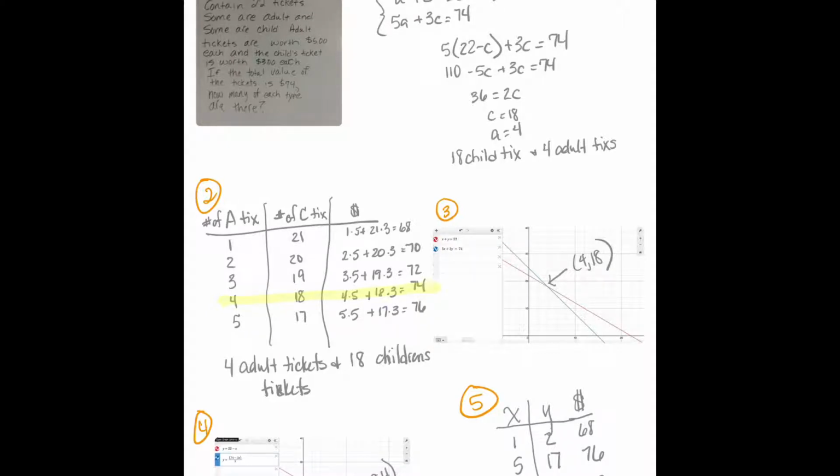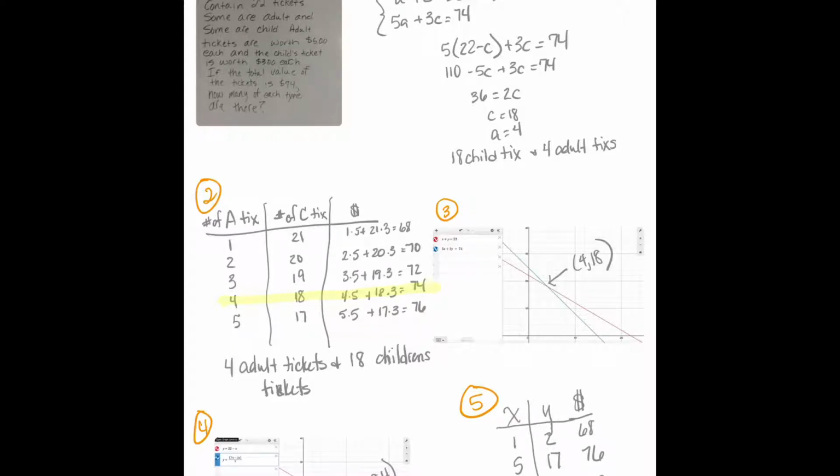I just chose one just to say one representation might be using an equation and using sort of an algorithm to solve it. The second representation here is a student using a table. It's a pretty detailed table on this one. Here we've got the number of adult tickets in the first column, the number of children's tickets in the second column, and the amount of money that would be in the box with that combination, and actually showing how it was figured out.